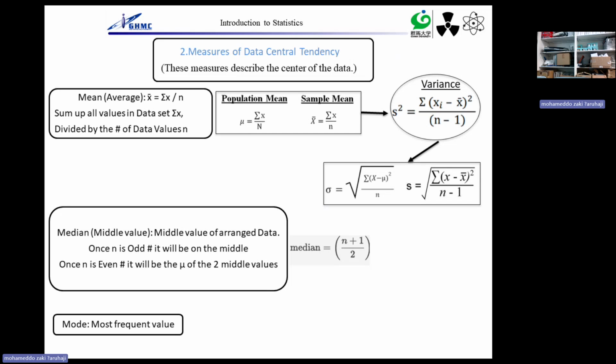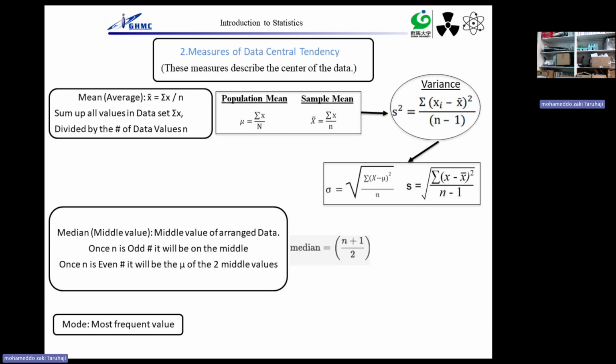So I go 1, 2, 2, 4, 5. After arranging my data, I find the median, the value in the middle. What is the median? 2, because it's in the middle.